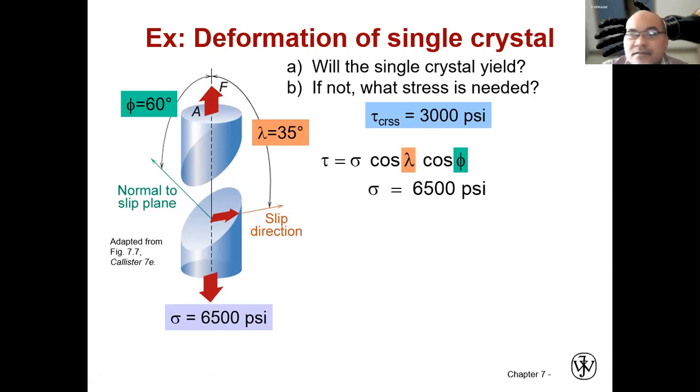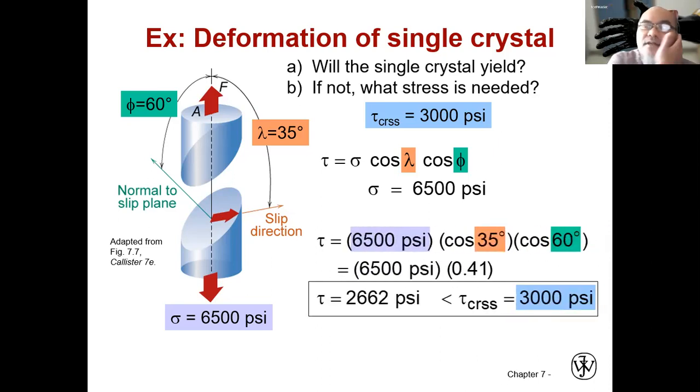Let's calculate first the shear stress. This stress equals sigma times cosine lambda times cosine phi. Here the sigma is 6,500 psi, the cosine 35 degrees, cosine 60 degrees. So we obtain tau to be 0.41 times 6,500 psi.